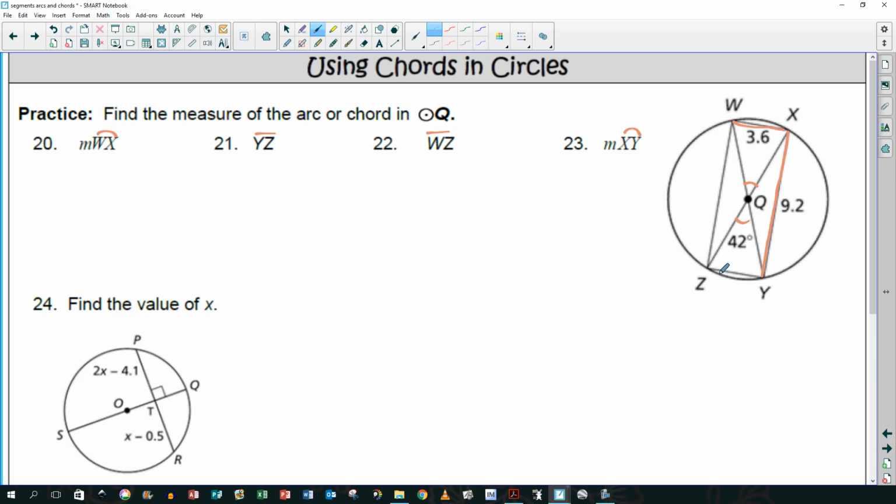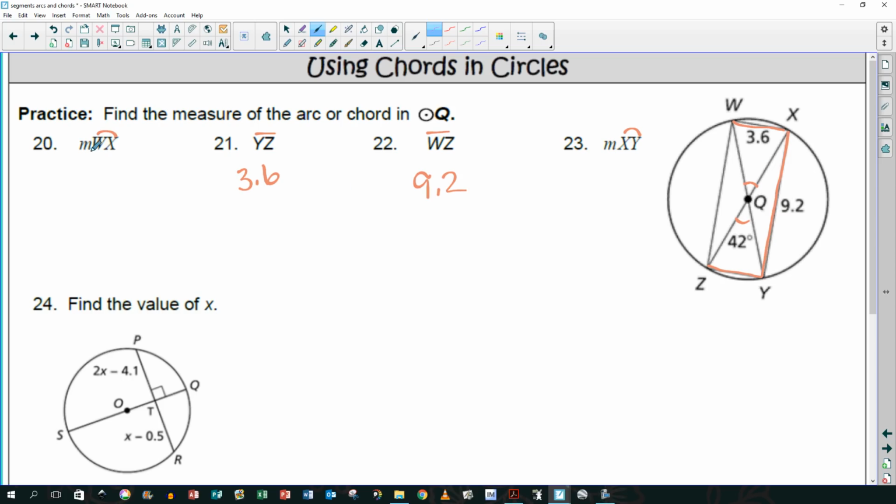So this one is also going to be 3.6. So ZY is also 3.6, and WZ is going to be 9.2.